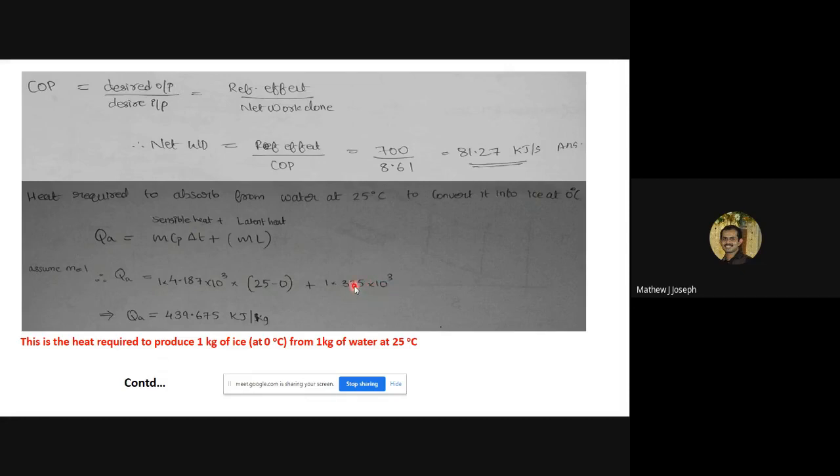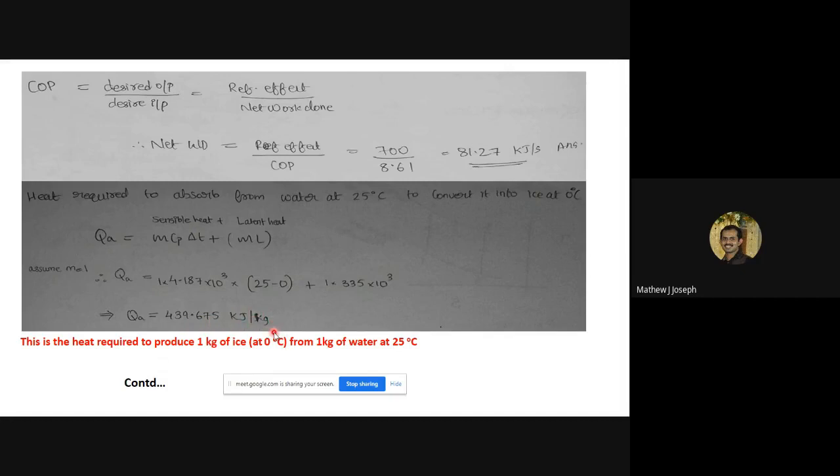So here also 335 kilojoules, and 1 kilo is 1000, so we multiply by 10 raised to 3. So the final QA is given as 439.675 kilojoules per kilogram.